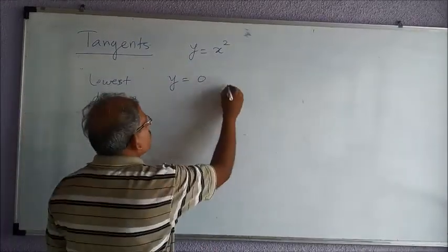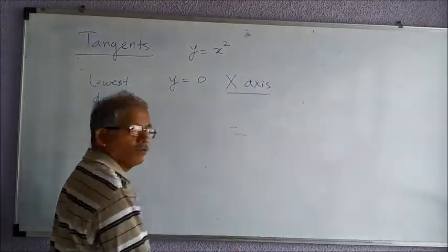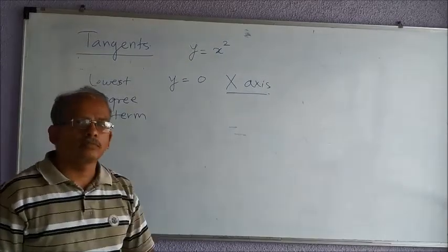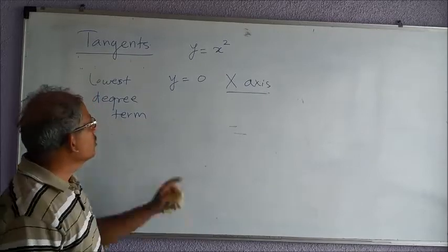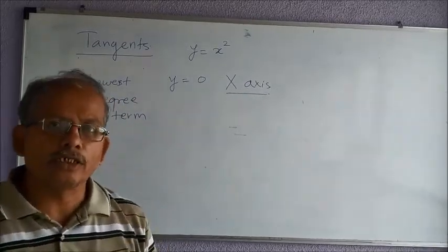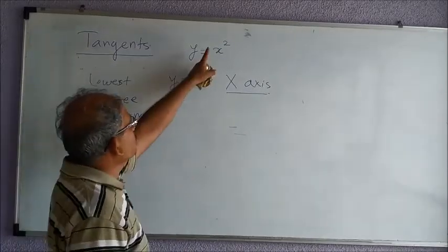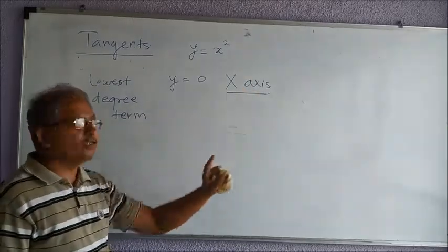This is the equation of the x-axis. So to this curve, the x-axis is the tangent. Remember, this Newton method is applied only when you are determining the tangents at origin. So to this curve at origin, y equal to 0, that is the x-axis, is the tangent.